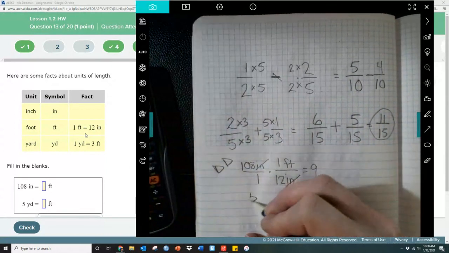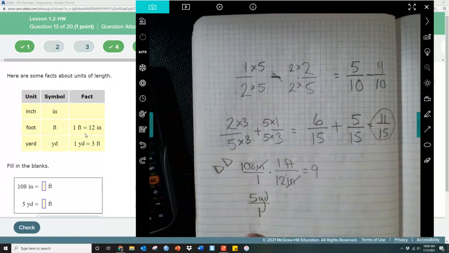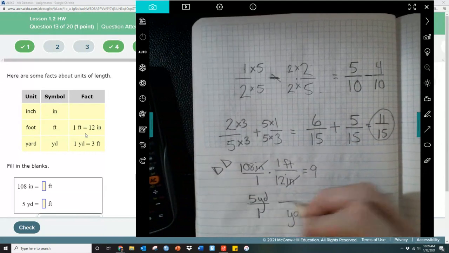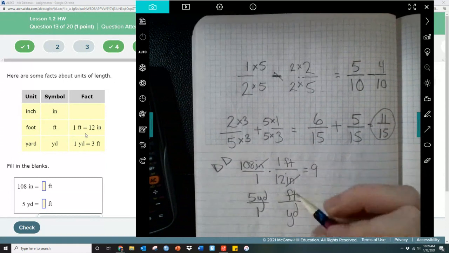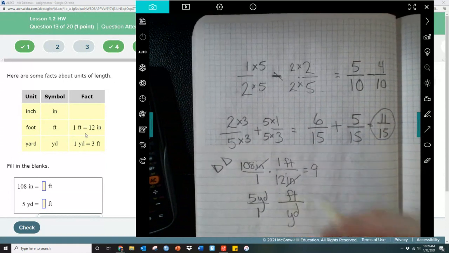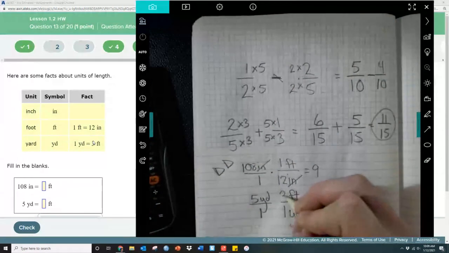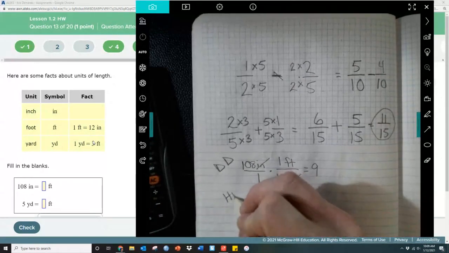Now we're looking at 5 yards over 1. Always over 1, by the way. I need the yards to be knocked out. So I'm going to put yards here, and I'm converting it to feet. So that means I got to put feet up on the top. And we know, based off of the information right here, that 1 yard equals 3 feet. When it's horizontal, you multiply.